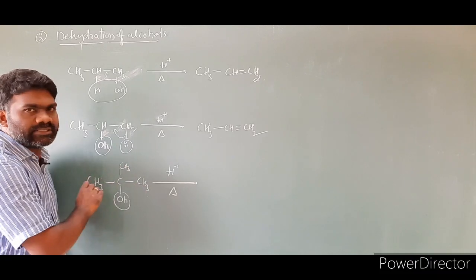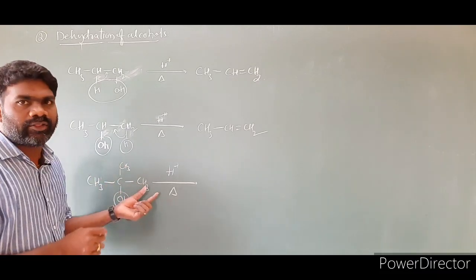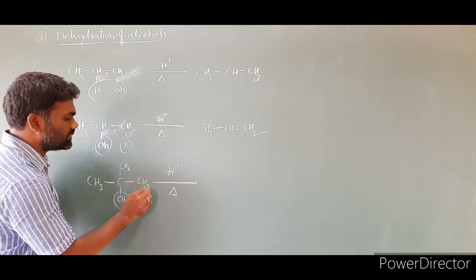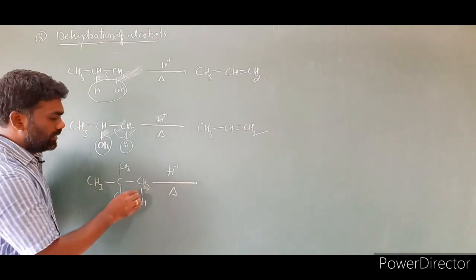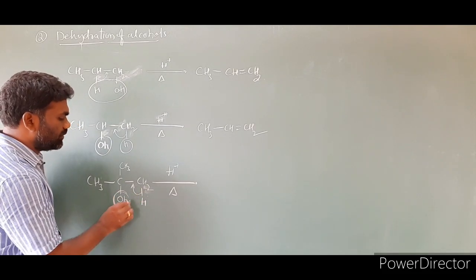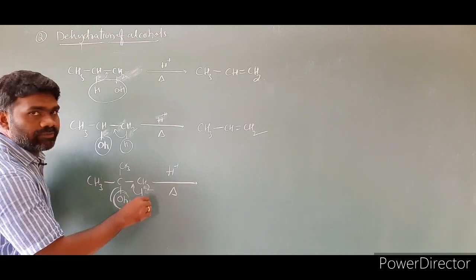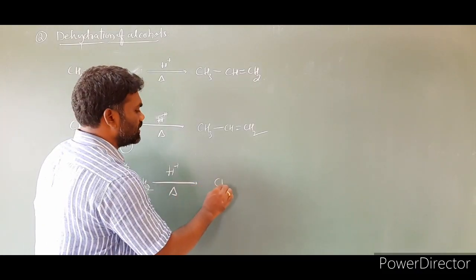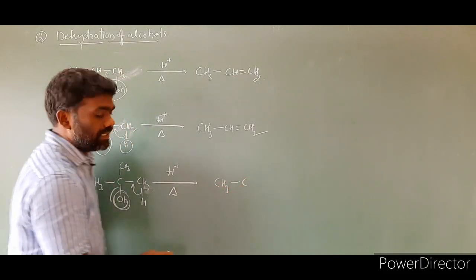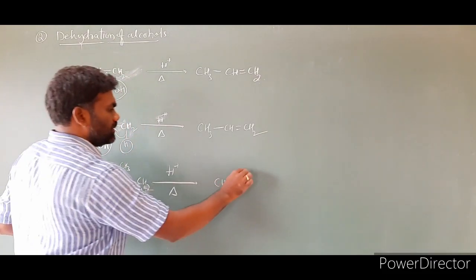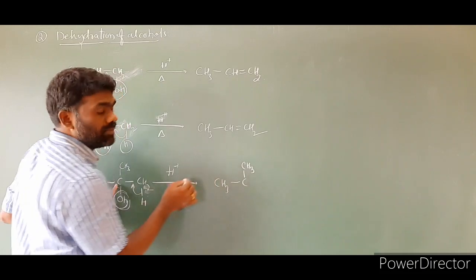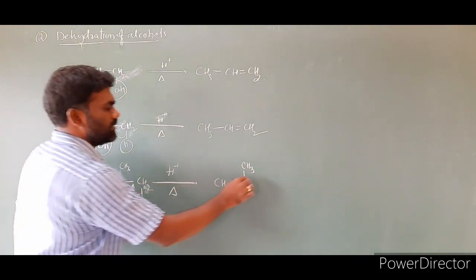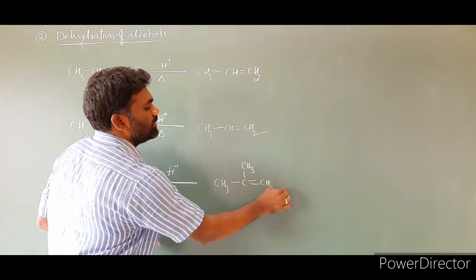All carbons remain the same, so you can remove the hydrogen from any carbon. Suppose I am removing, I am writing it as CH2H. This hydrogen will come here, this OH will come outside, OH and H in the form of H2O, and between these two carbon atoms a double bond forms. Then the product is CH3, C, then double bond. This CH3 remains the same, double bond between this carbon and this carbon, double bond CH2, isn't it?